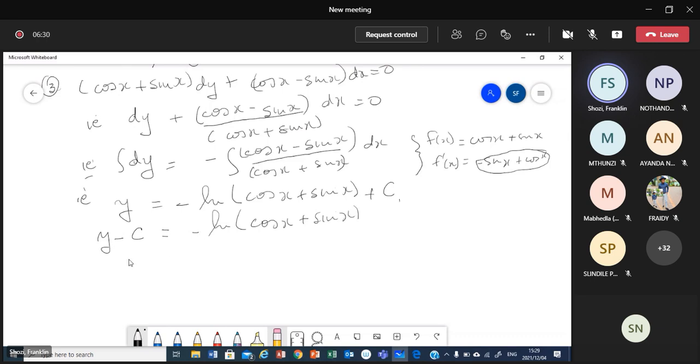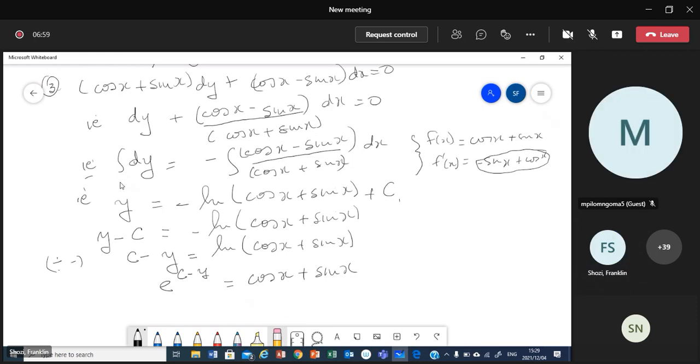If I divide by minus, I'll get c minus y is ln of cos x plus sin x. Get rid of the log. Therefore, e to the power c minus y is cos x plus sin x.